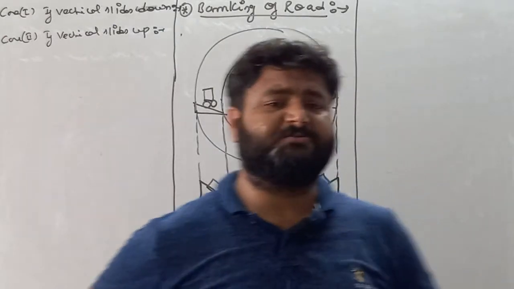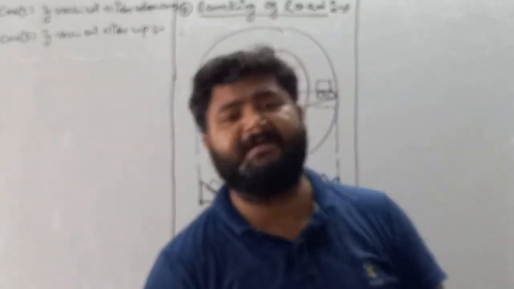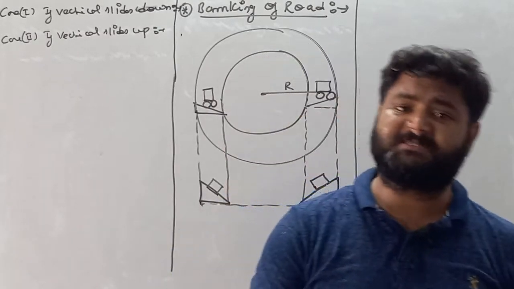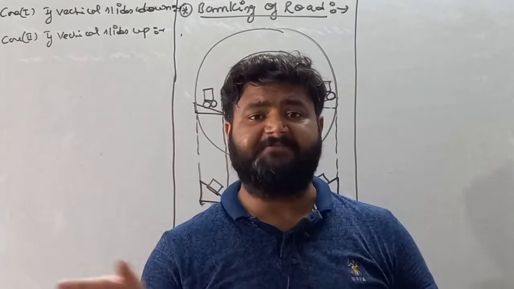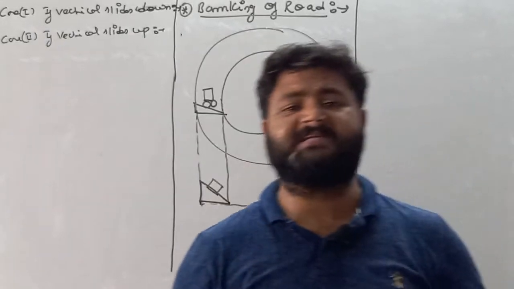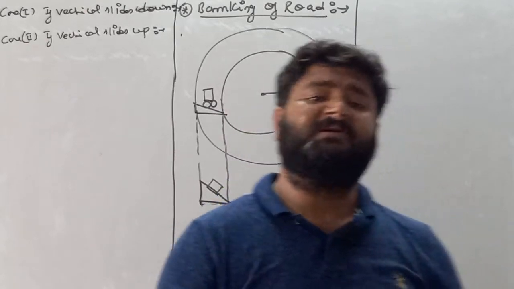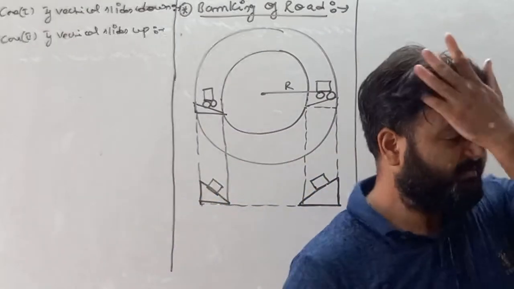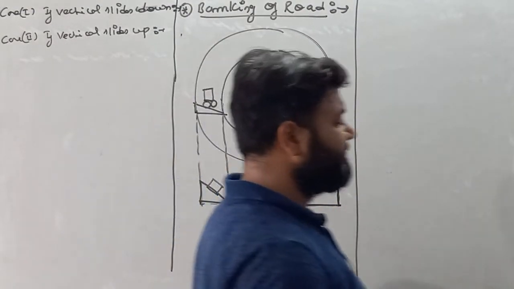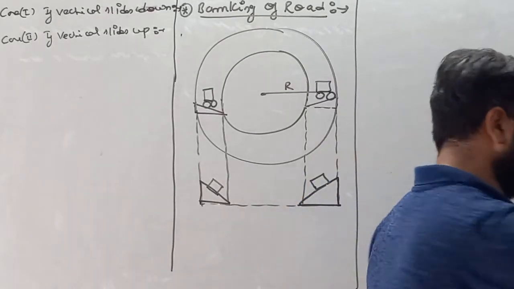We know that, my dear student, if this is a horizontal circular track, then it is very mandatory to understand the role of friction. Here friction must be present, and we know that the vehicle is moving smoothly. If the vehicle is moving smoothly without skidding, it means the nature of friction is static. So write down, the friction which takes place is static friction.